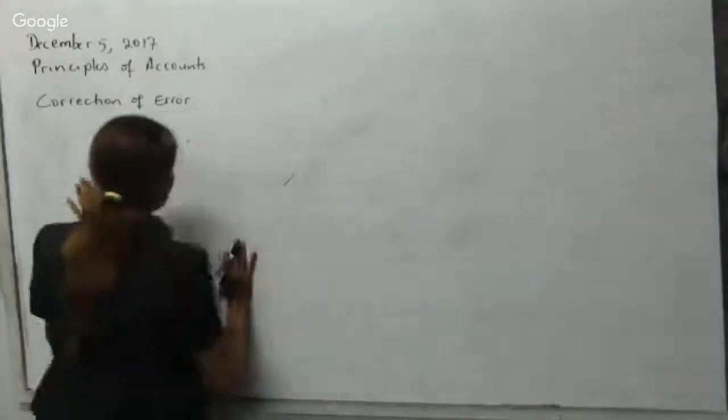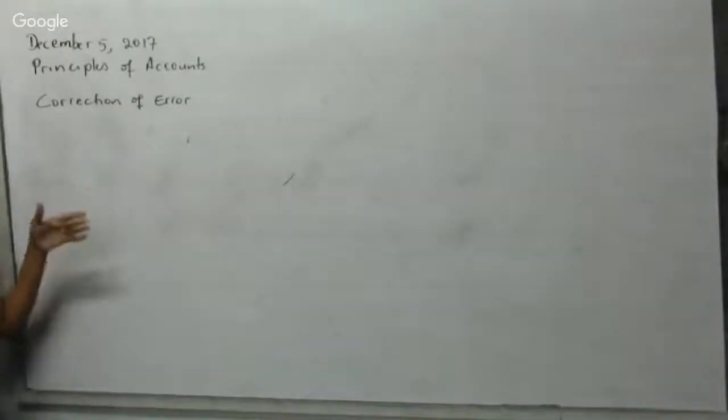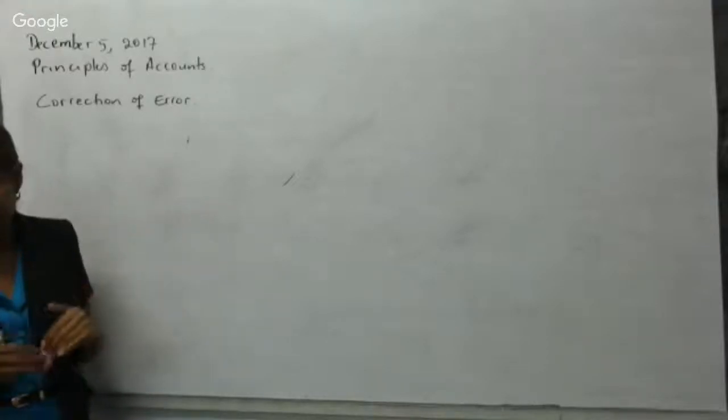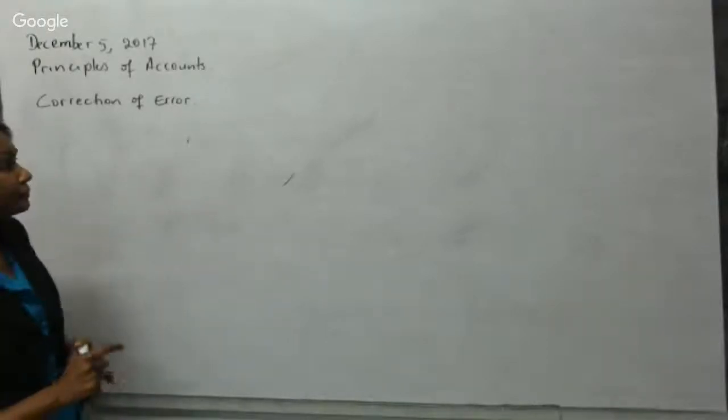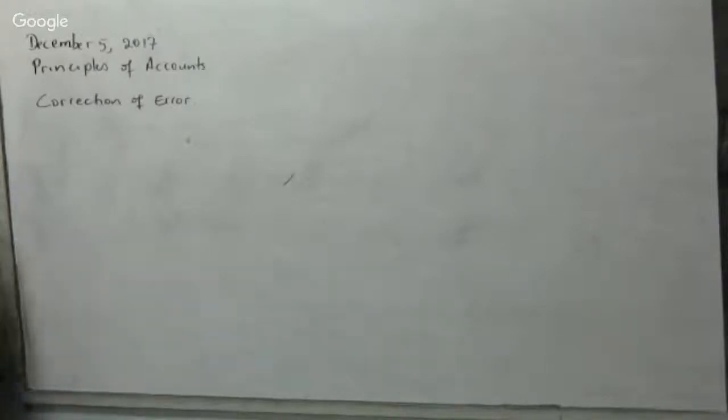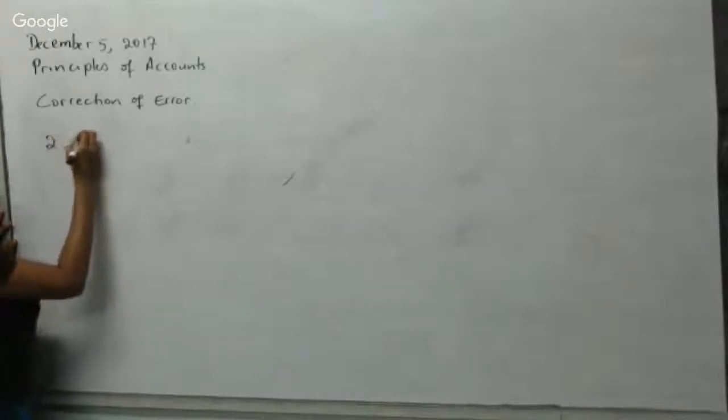All right, so when these corrections are to be made, we're going to make them by following double entry procedures. Now, there are two types of errors that we're going to be looking at. Errors are of two types.